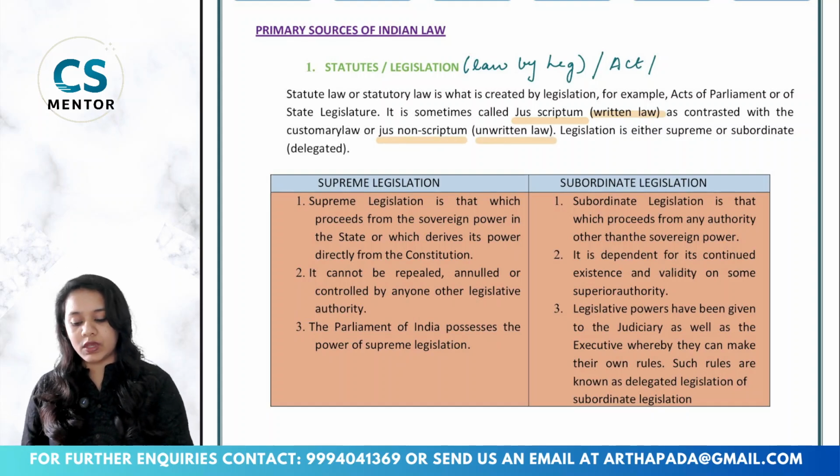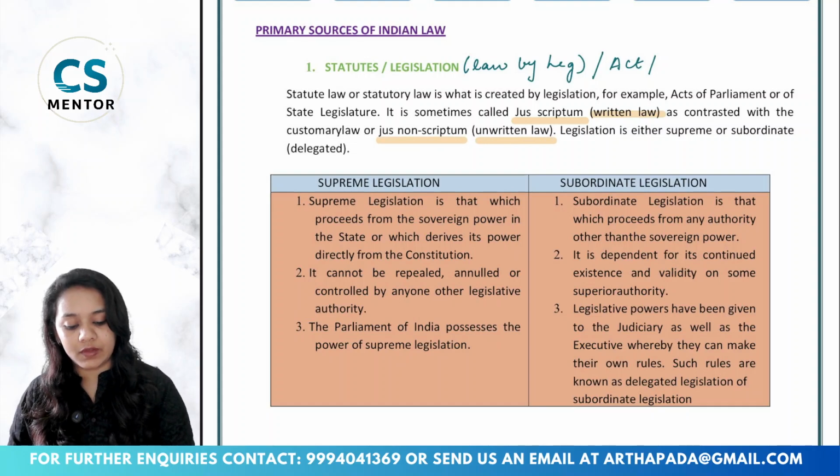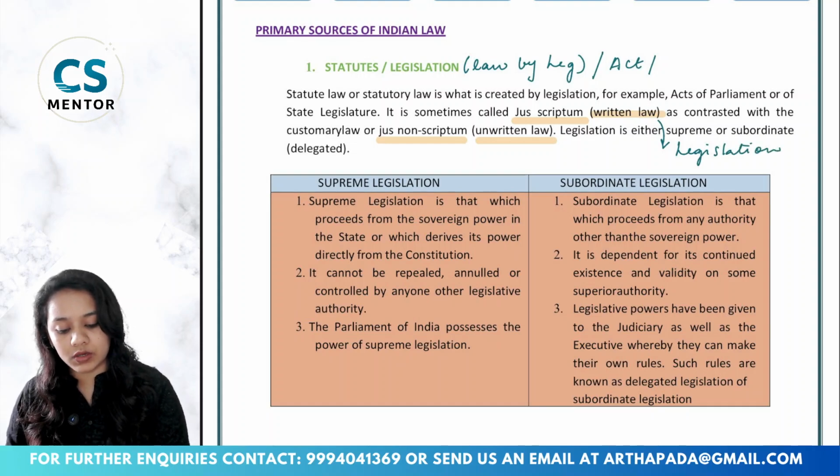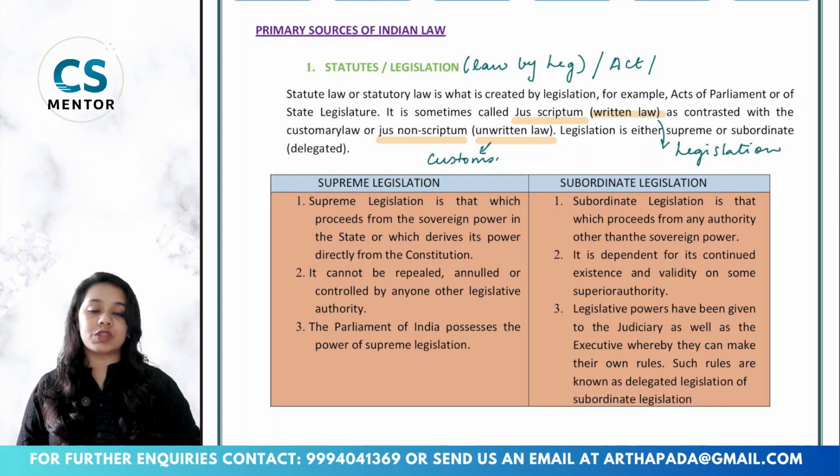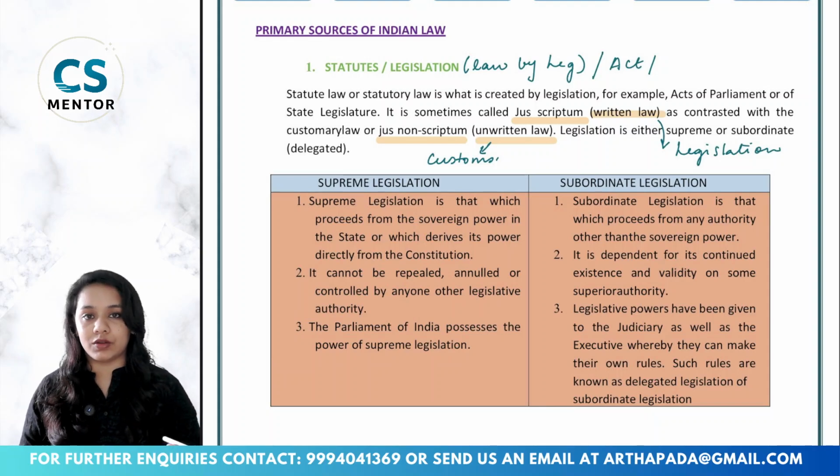What are these two? It's very simple. Written law is what we call legislation, whereas unwritten law is what we call customs. So, the first classification before we go into statutes and legislation is trying to understand the difference between jus scriptum and jus non scriptum, written law and unwritten law.